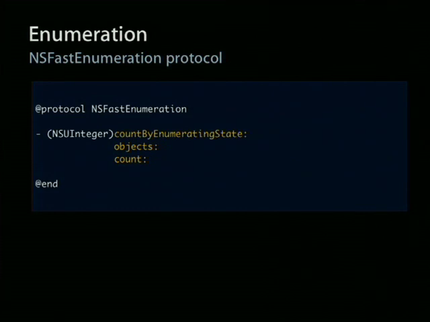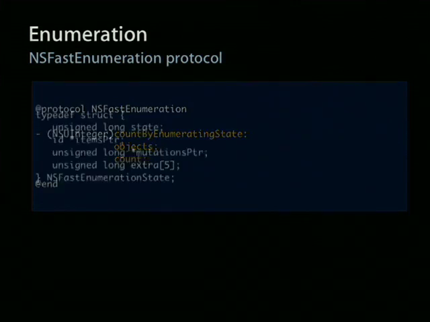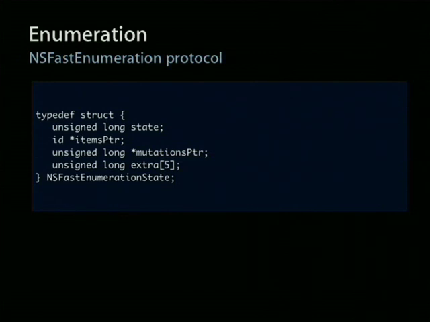And this is the way that the for-in mechanism decreases the number of messages sent. And by implementing this method on your collections and taking advantage of this structure, and the documentation talks about what each of these things do. There's a state field that you can fill in. The mutations pointer is how you can notify the fast enumeration system that a mutation occurred, so that if you're enumerating over something, you get an opportunity to throw an exception, right? Nobody's mutating collections while they're enumerating them anymore, I hope.